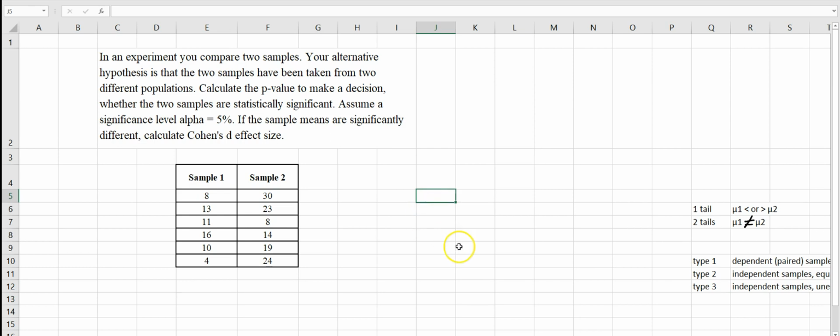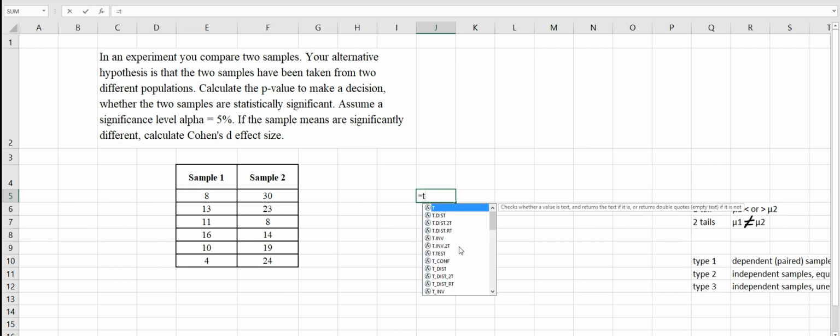And in Excel, there is a predefined function. So we start this function by typing an equal sign and then T, and we start typing and we come up with some options. And here you see this predefined function T.TEST that we are going to use.